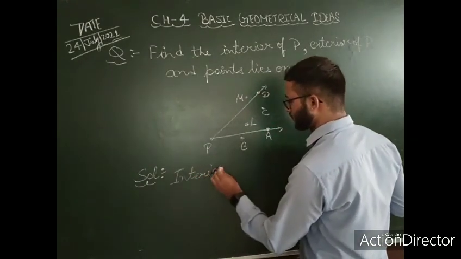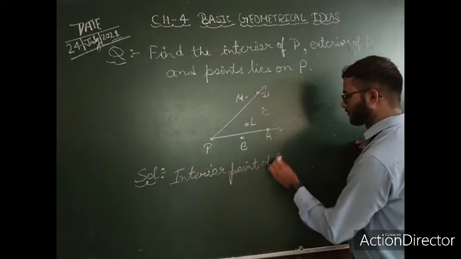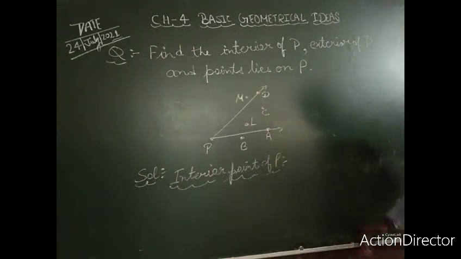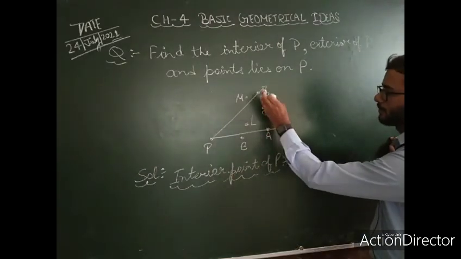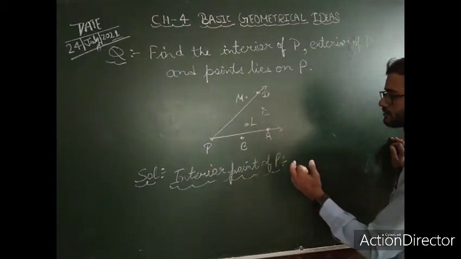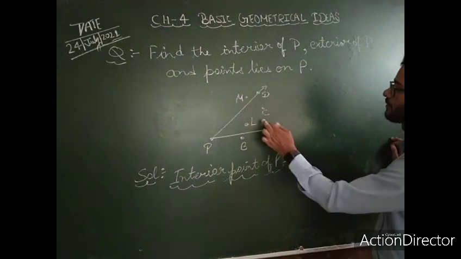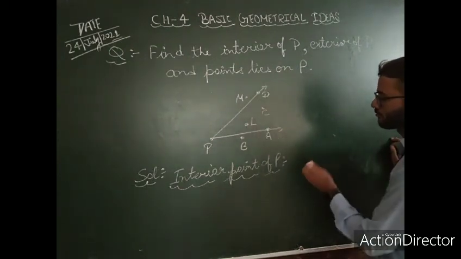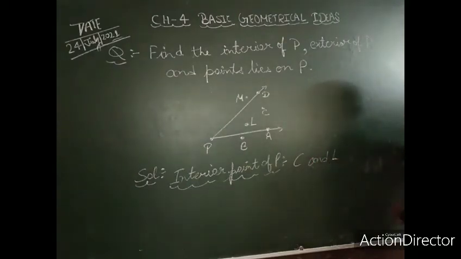So now here we write interior points of P. What are the interior points of P here? Points which lie on the interior side of an angle are known as interior points. Okay, so these points are known as interior points. So here C and L, these both are interior points. So here we write C and L are interior points.